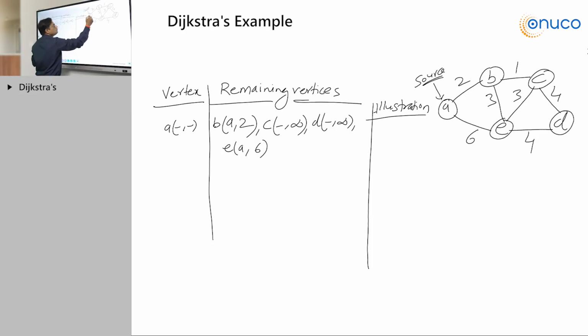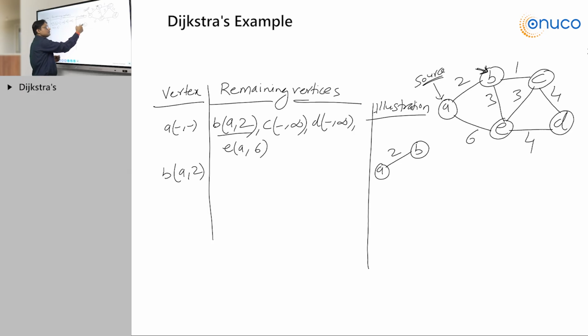Hence, we reach from A to B. We are going to visit the vertex called B. So B is A comma 2. We have already selected it, which means at this point of time we are at B. In the illustrations part, since we have A to B already selected, we write A to B is already selected and the path is 2.